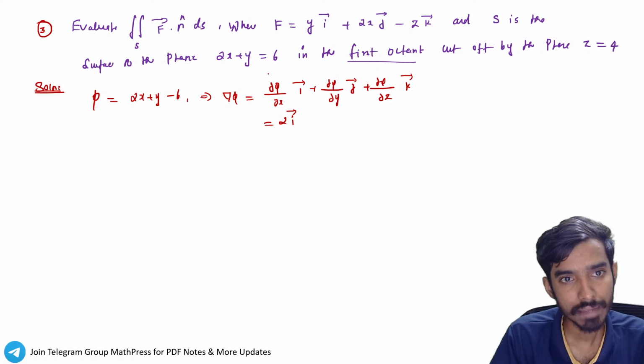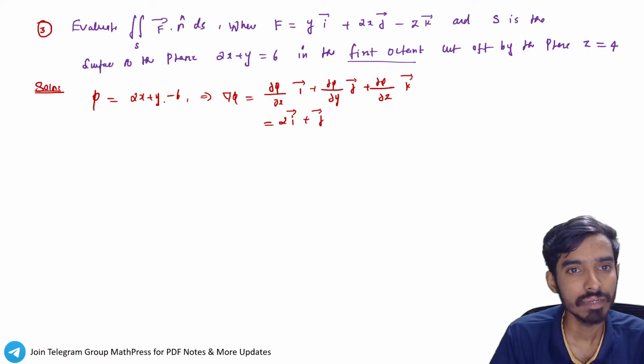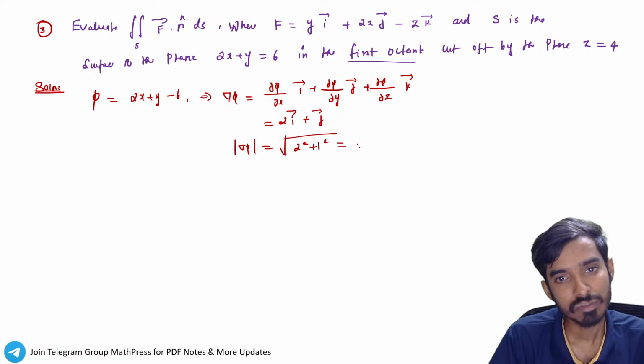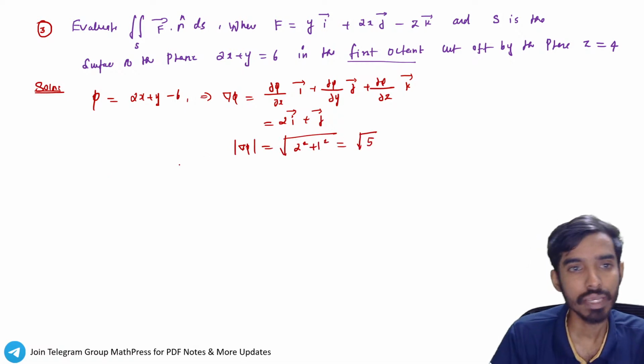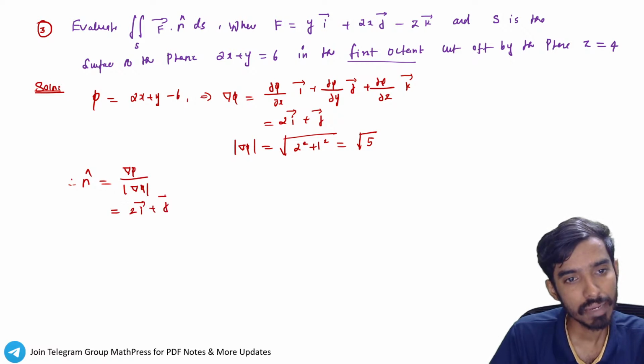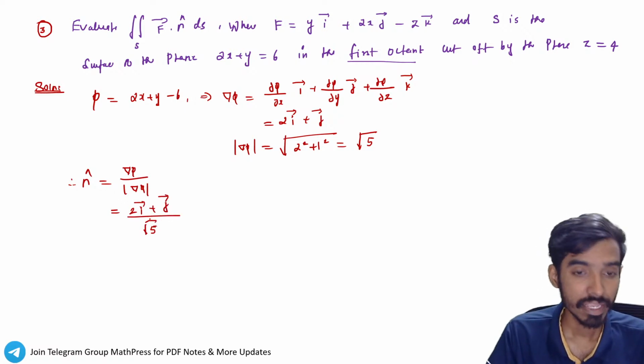Dou phi by dou y will be 1, so it will be j vector, and this will be 0 because there is no k. This is del phi. Now modulus of del phi is root of 2 square plus 1 square, which is root 5. Therefore, n cap is del phi by modulus of del phi, so 2i plus j vector divided by root 5 is our n cap.